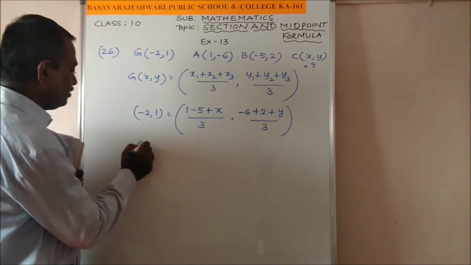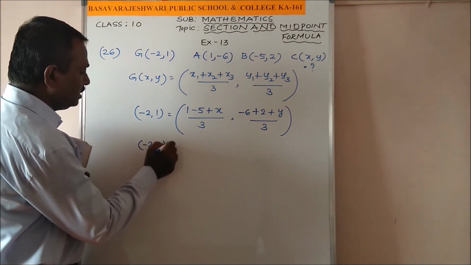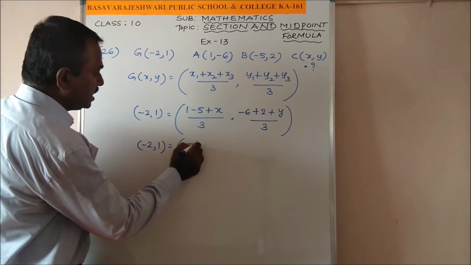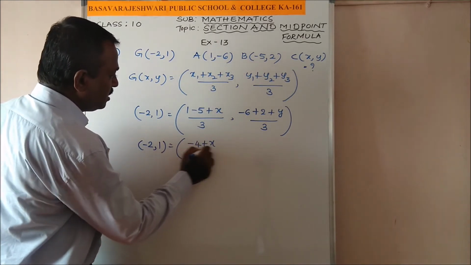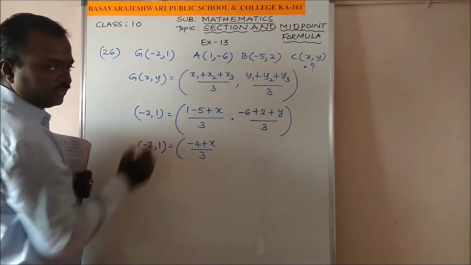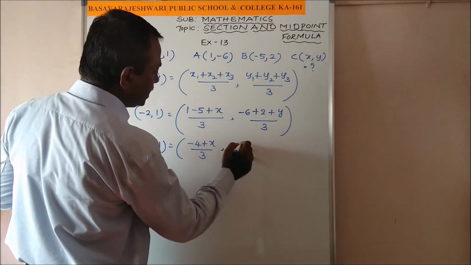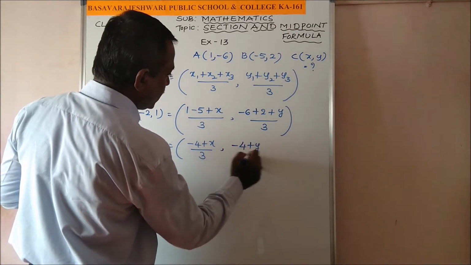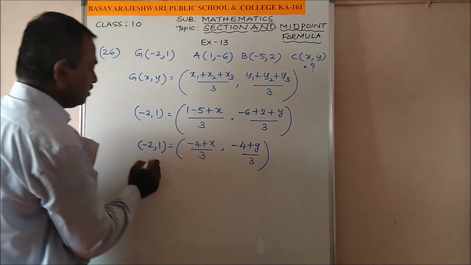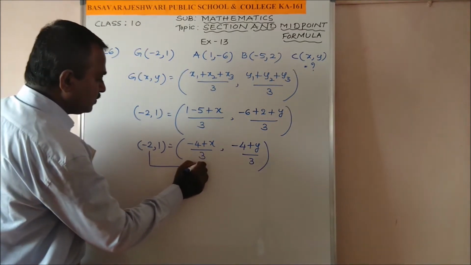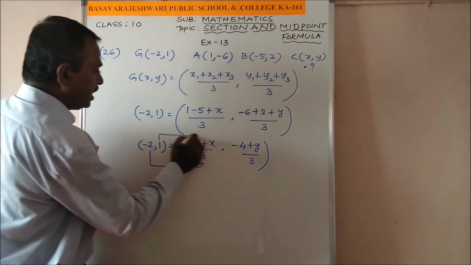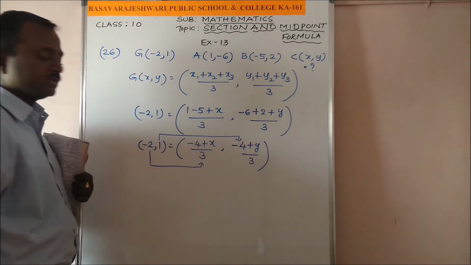Now simplify. (-2, 1) is equal to (-4 + x)/3, because 1 minus 5 is minus 4, and (-4 + y)/3, because -6 plus 2 is minus 4. Now equate x coordinates with x coordinates, y coordinates with y coordinates.